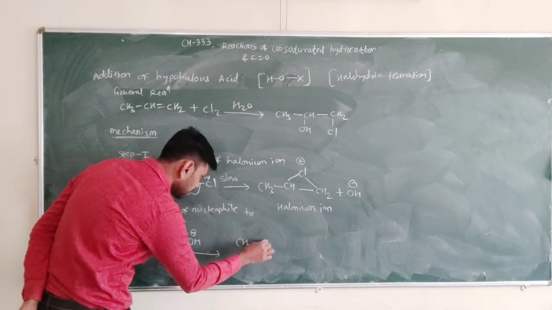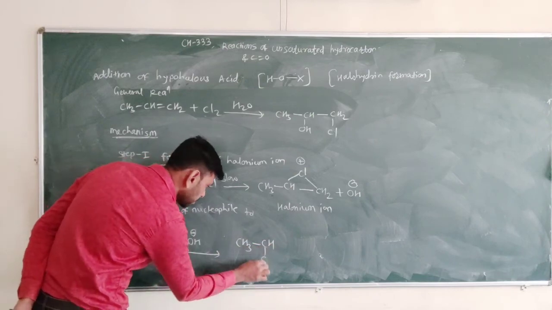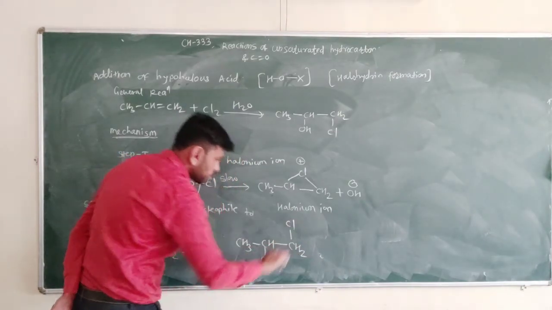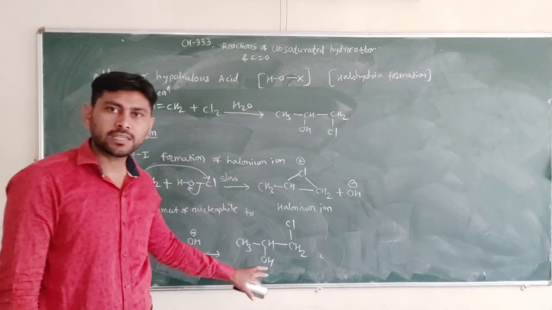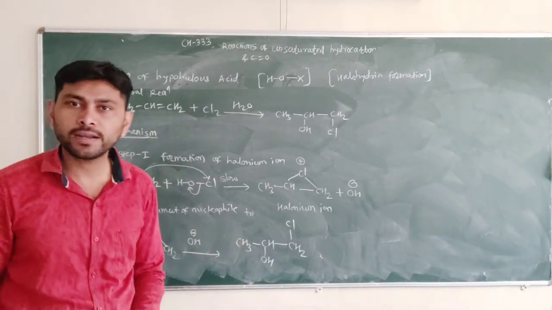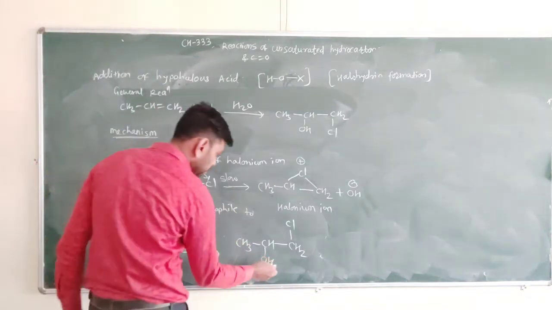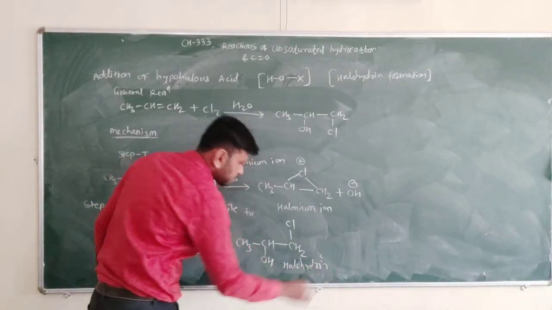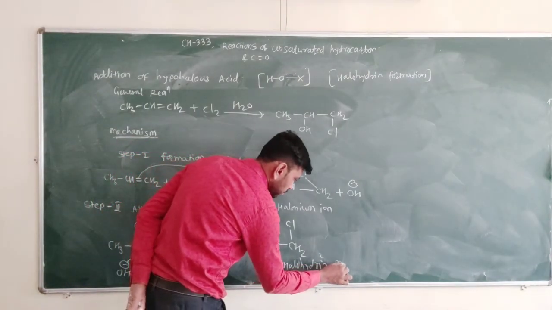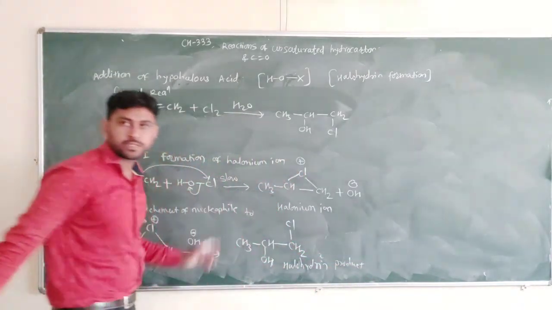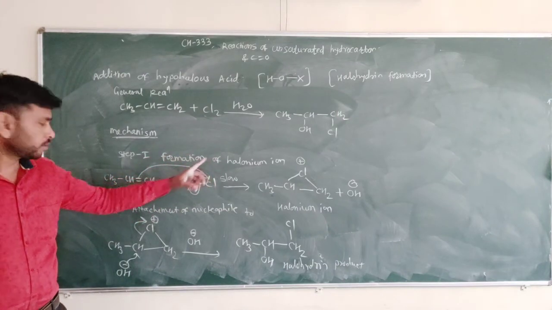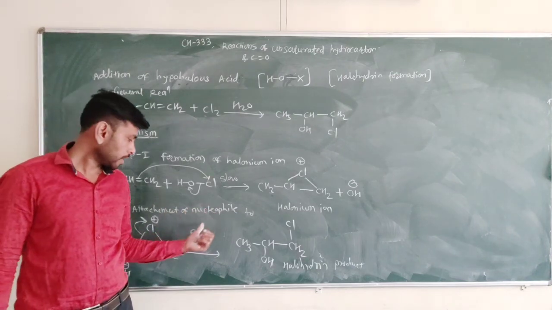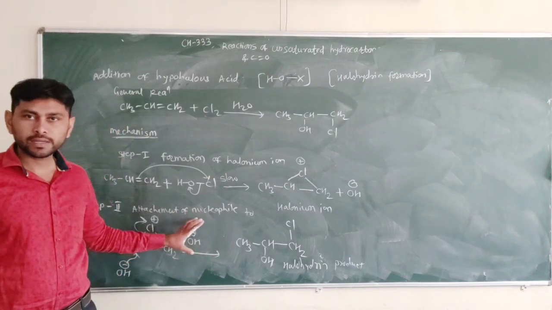We get CH3CH with this OH attached and the ring opened. So here also anti-addition takes place, and we get the halohydrin product. This is halohydrin formation, a two-step mechanism. The first step is the formation of the halonium ion, and the second step is the opening of this halonium ion via addition of OH minus or any other nucleophile.